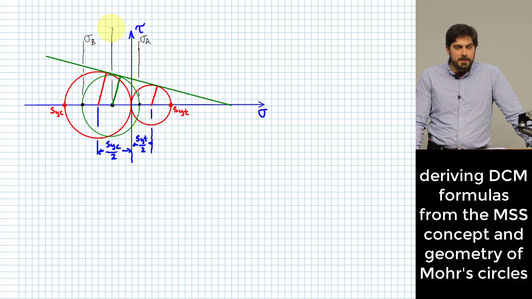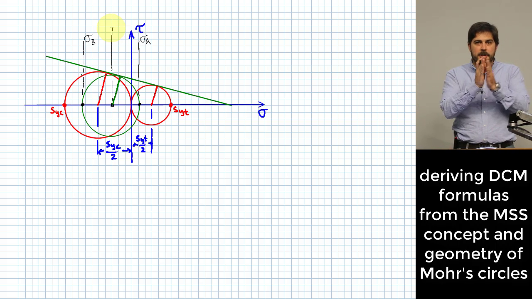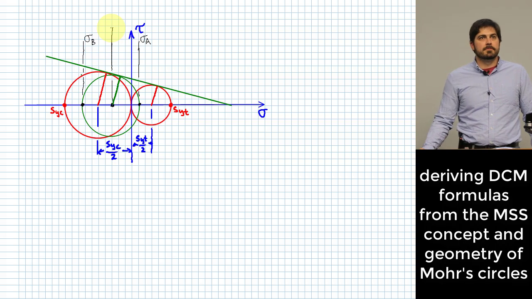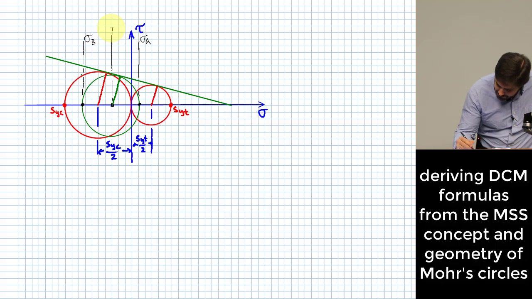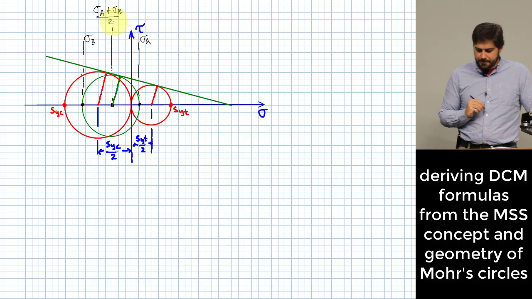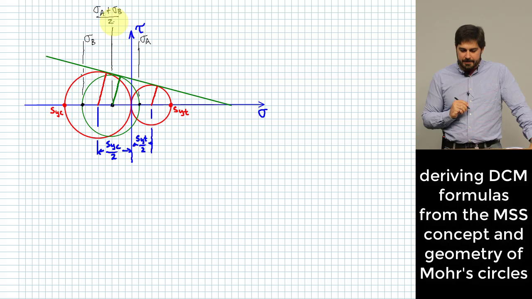Okay, if you know sigma A and sigma B, what is that one in terms of sigma A and sigma B? Okay, it's really just the average, right? I've got those two coordinates, sigma A and sigma B. I'm halfway in between, so relative to the number line, it's really just the average of those two values. Okay, so that would be sigma A plus sigma B over 2, expressed as a coordinate of where that one is located.